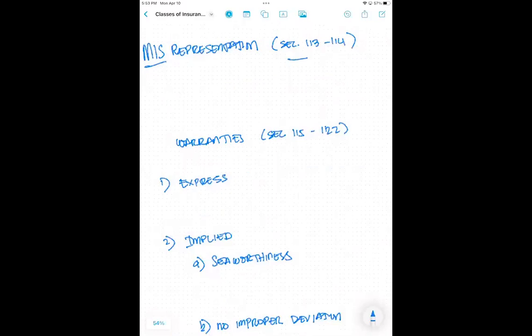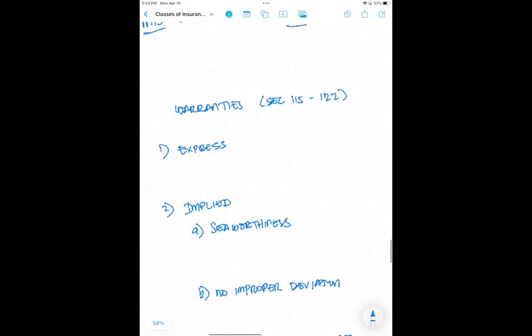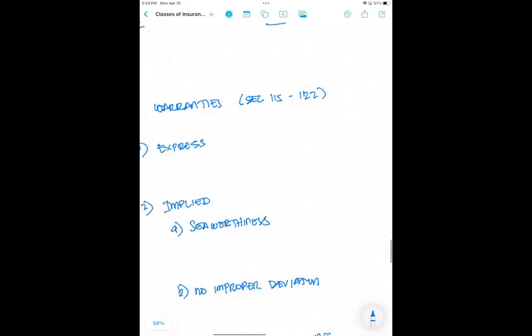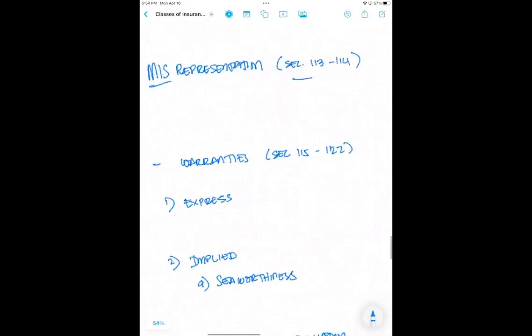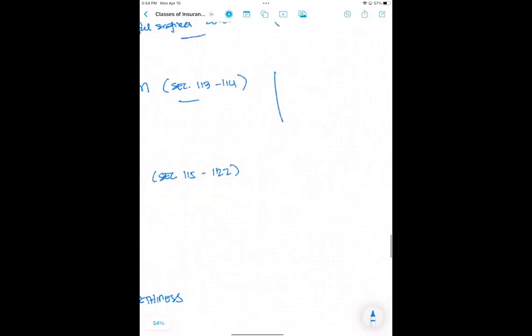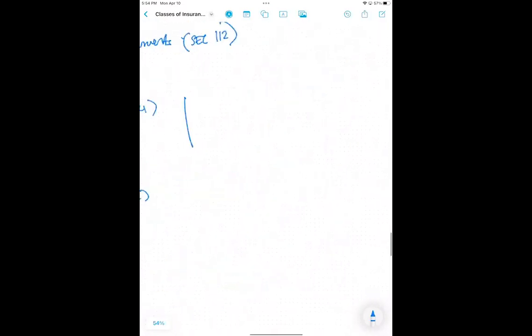Now, warranties. So our discussion on ordinary insurance, here there is a big difference. Warranties. So what is misrepresentation versus warranties? Let us make a brief review.